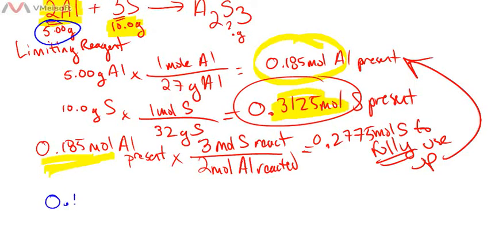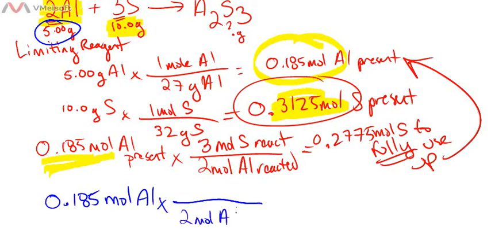So let's now find out, if this many moles of aluminum react for sure, we also know that for every 2 moles of aluminum reacted, we want to know how many moles of aluminum sulfide are produced.